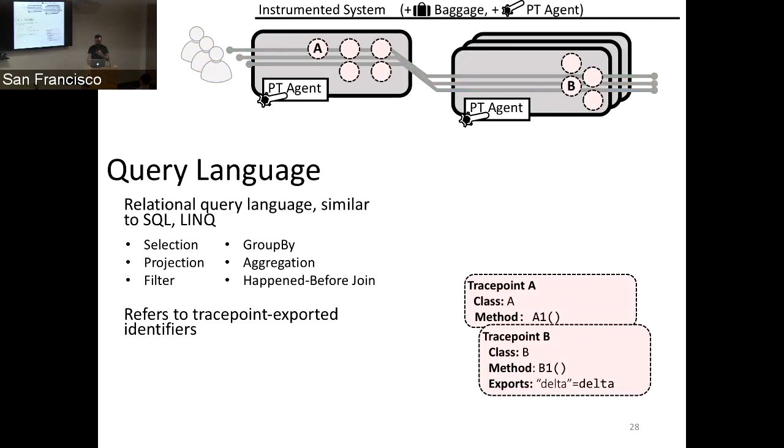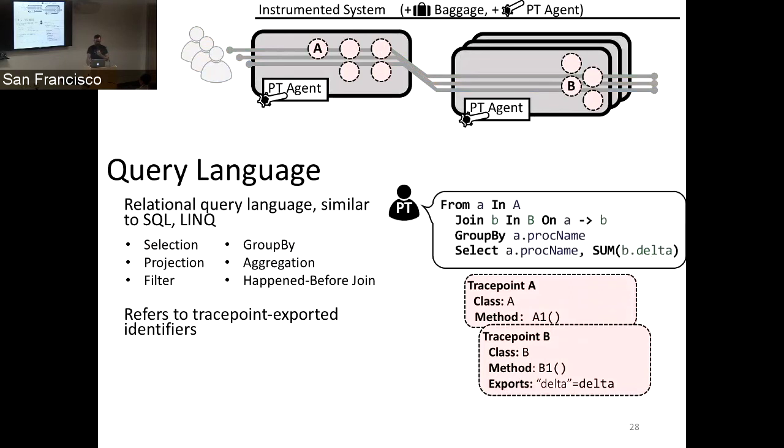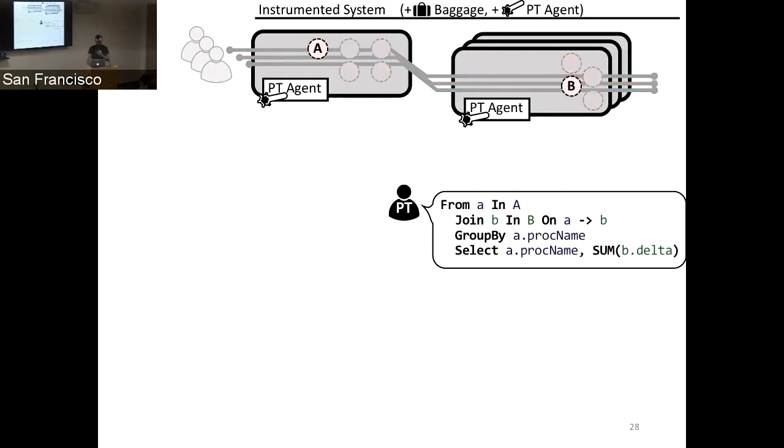The query language, which we've seen a bunch already, is basically this idea that you have tables you're choosing from. You can join with happened-before across process boundaries, and then do a variety of statistics. The output from all this is just a stream of tuples.